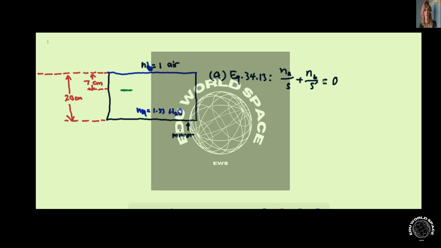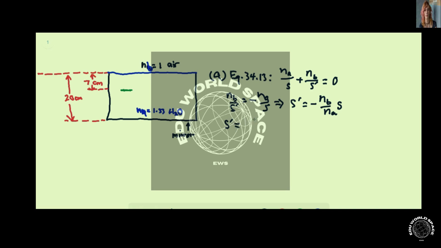So the idea is to find S prime, and we can just rearrange this equation a little bit, where we now have NB over S prime is equal to minus NA over S. And if you do a little bit of shuffling around, you'll find that S prime is equal to minus NB over NA times S. And we're given NB, we're given NA, and we're given S.